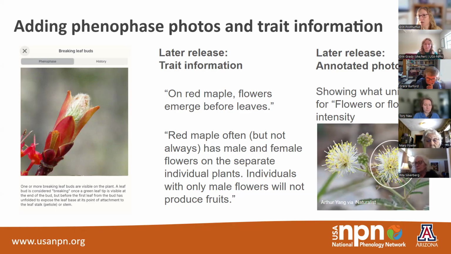So our goal is to eventually have photos that show you, in this example here, this is an inflorescence for this species, and so you should be counting basically what's in the white circle. And we're hoping to do that for fruits as well as we make some changes to the fruits definitions. So that will be coming later, but I just wanted to show you all of the neat stuff that we have coming up for photos and other information about species traits.